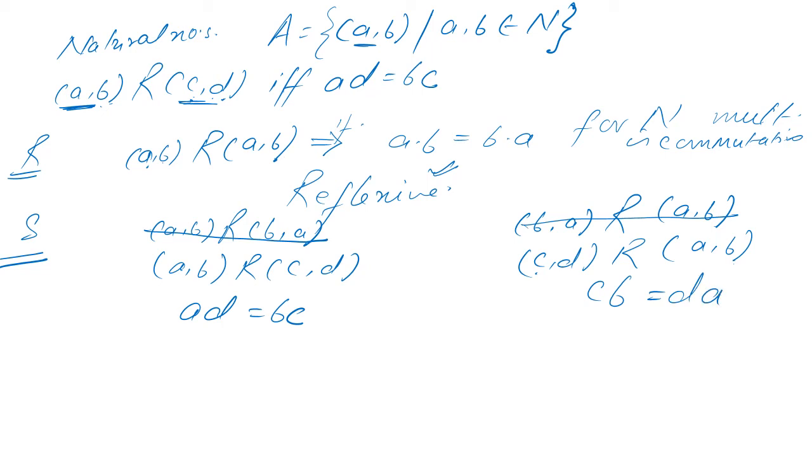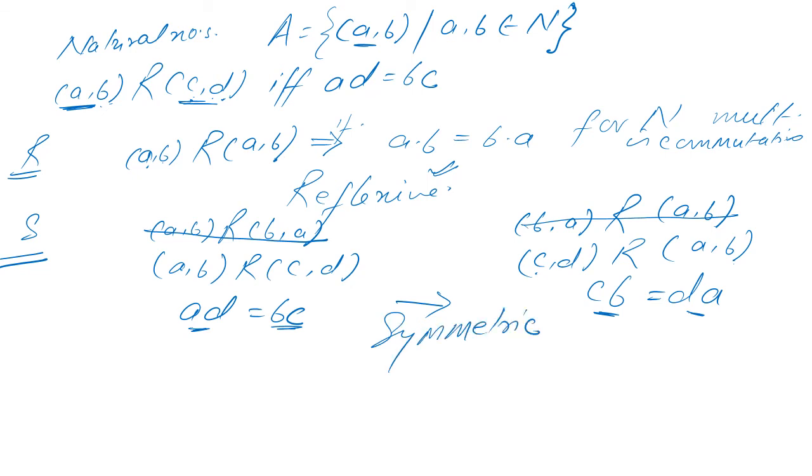We know that the natural number multiplication is commutative. So bc and cb are same. Similarly, ad and da are same. So ad equal to bc and cb equal to da are same. So this is also a symmetric relation.